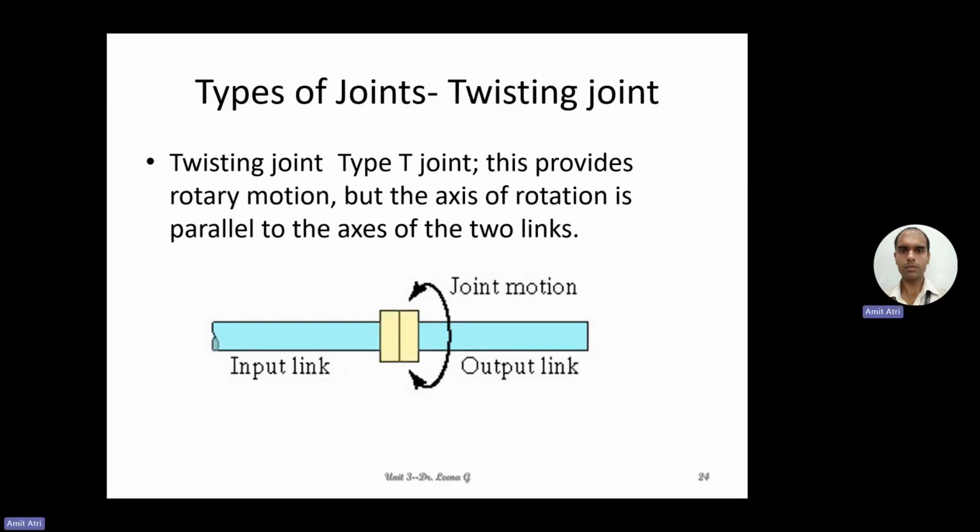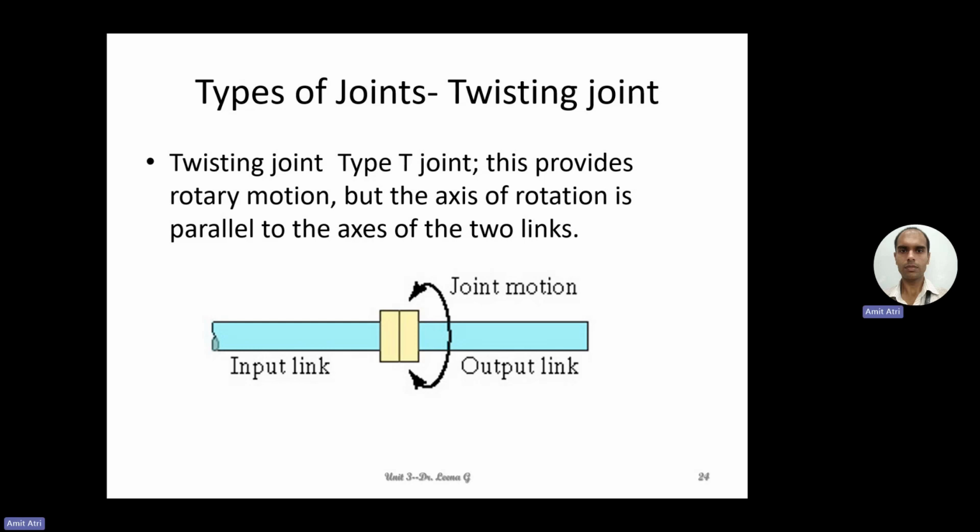Then the twisting joint, twisting like a screw. It provides rotary motion, but the axis of rotation is parallel to the axes of the two links. The output link can twist clockwise and anti-clockwise. It will not rotate, it will only twist.